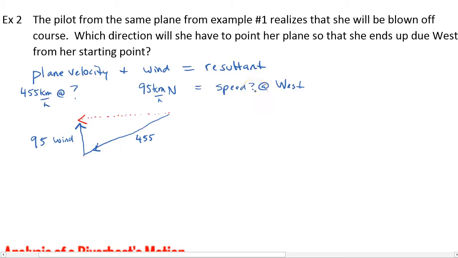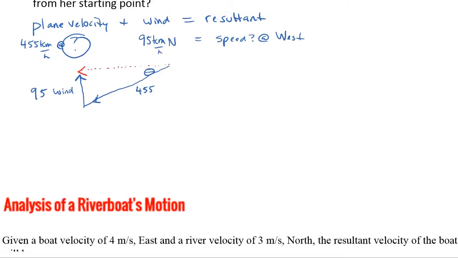Now what are they actually asking? They say, which direction will she have to point her plane so that she ends up due west? So really what I need to do is find out what this direction is. It's this theta that I need to know, and I'll use that theta afterwards. Inside this triangle, I have to be careful because normally I know what the two sides are.